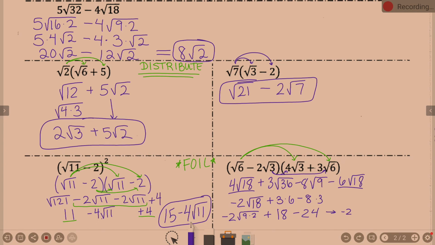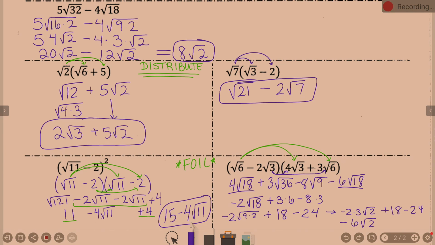It's negative 2. Square root of 9 becomes 3. And it's still square root of 2, right? So negative 2 times 3 is negative 6 square root of 2. And then we also had a plus 18 minus 24.